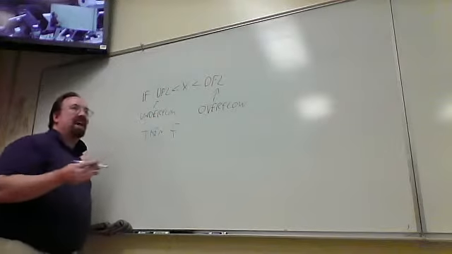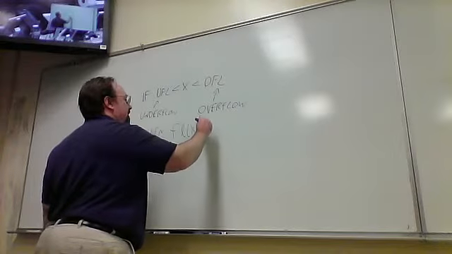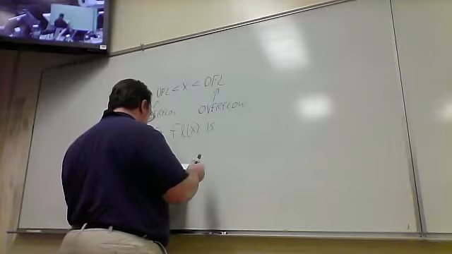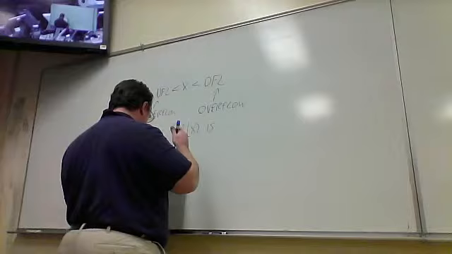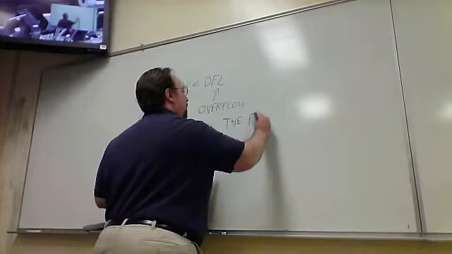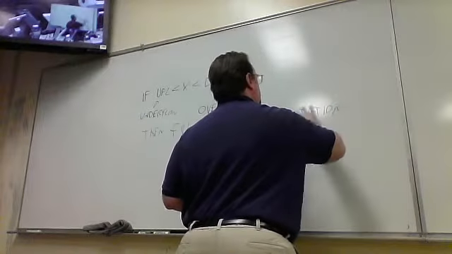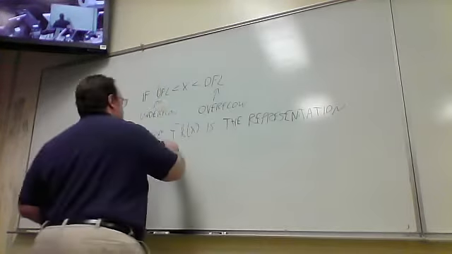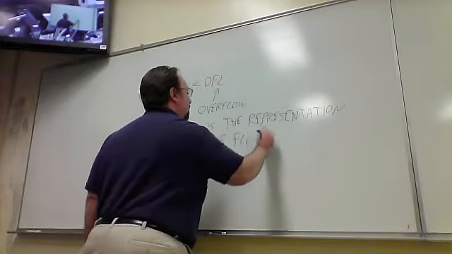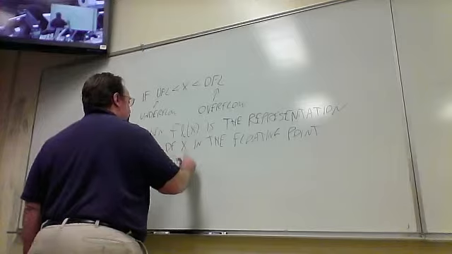But the thing is, it won't be represented exactly because we only have limited precision. So FL of x is the representation of x in whatever floating point system you're using, after x has been rounded or chopped or whatever you're doing with it.